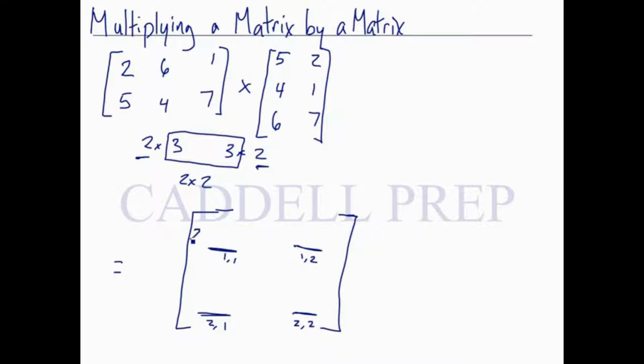So we're going to end up with 2 times 5. Then we're going to do the second element in the first row, times the second element in the first column. So 6 times 4. And then the last element here times the last element here, 1 times 6. And we add these together.